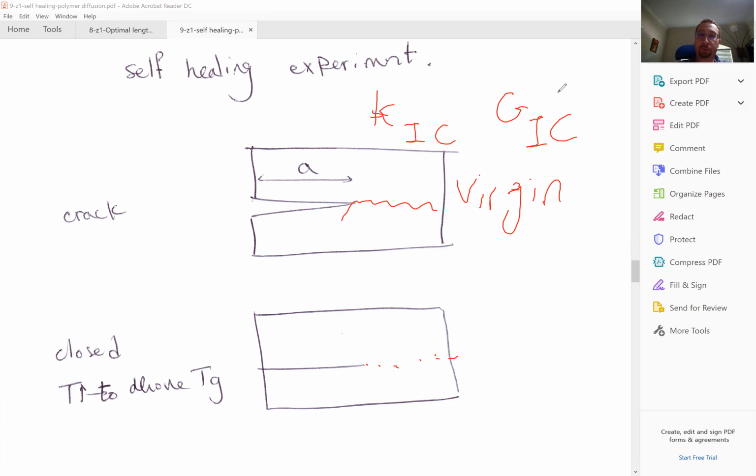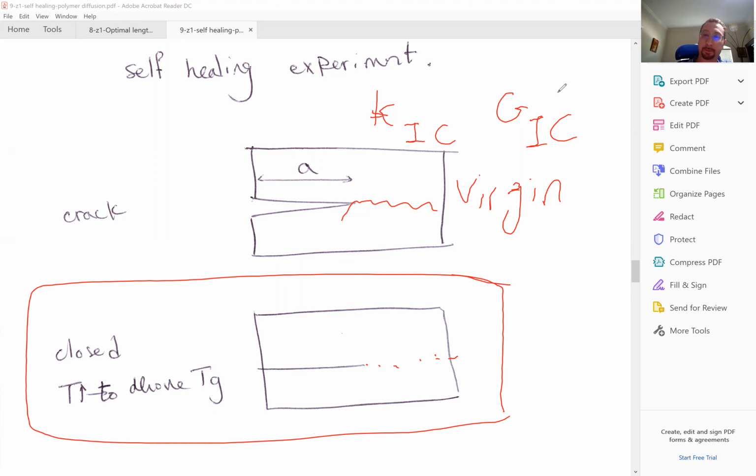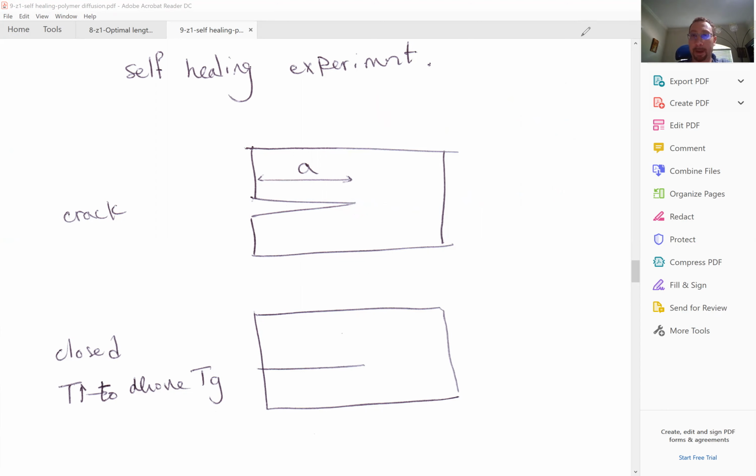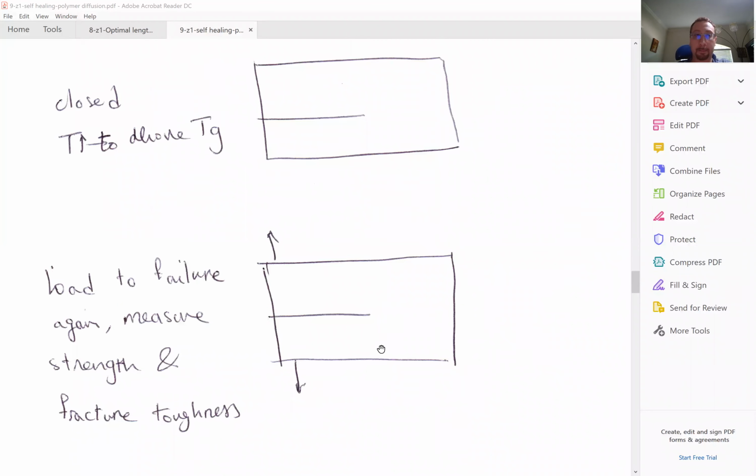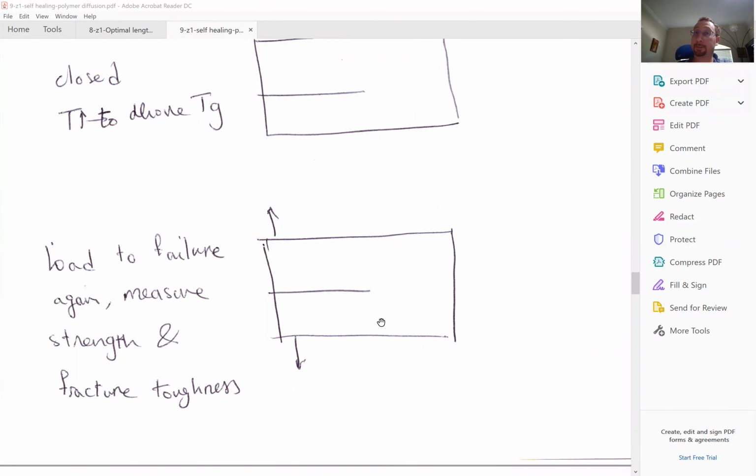And after we trigger the self-healing mechanism, which is this part of the experiment, then we go back and redo this experiment. This initial crack stays there. We keep it open because we need that to measure fracture toughness. And let's say we measure the fracture toughness again.